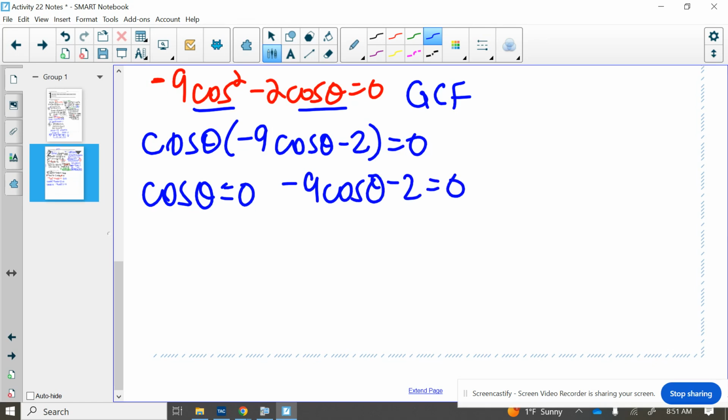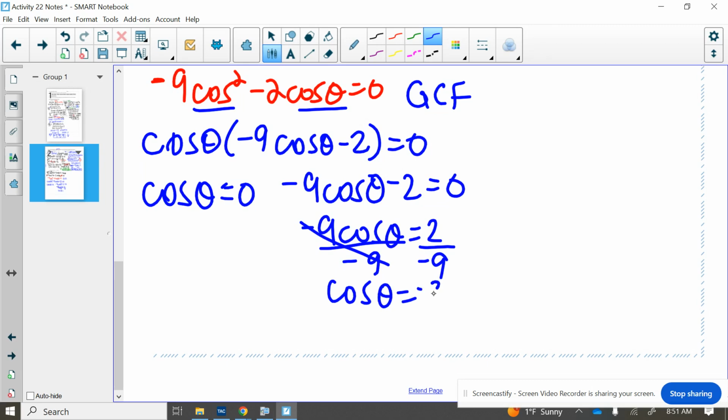So we have cosine theta equals 0, and then we end up with cosine equal to negative 2/9.